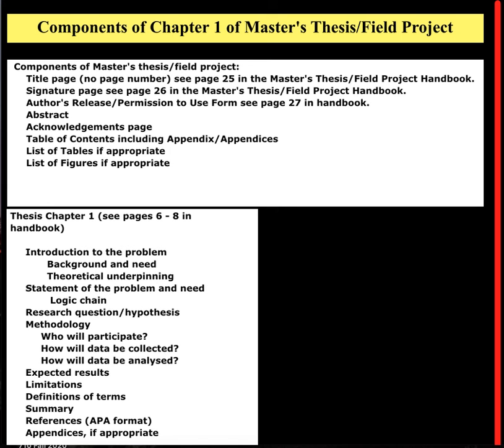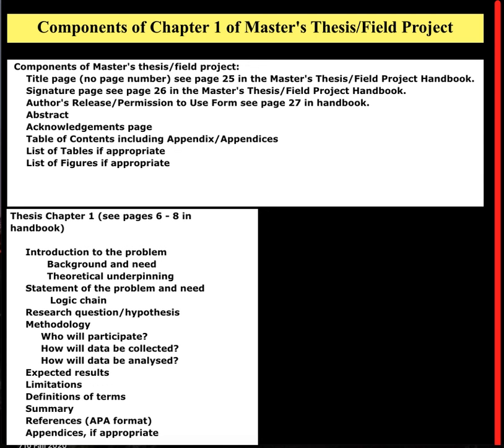You'll have a statement of the problem and need, and in that section you'll develop a logic chain, and in the next video you'll see about logic chains. If you're doing a thesis, you should have a research question or hypothesis.